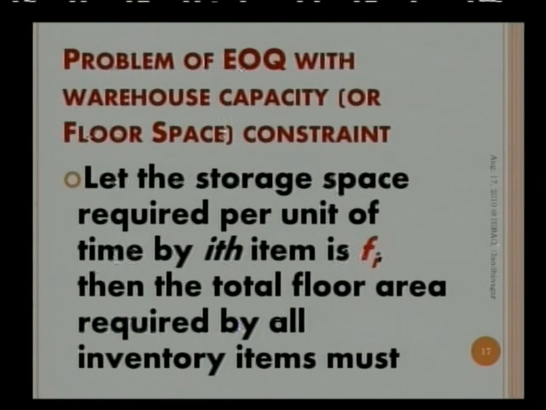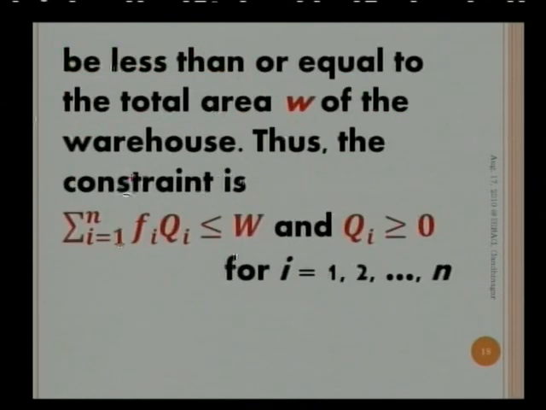Now let us have the first constraint, that of floor space. Suppose the storage space required per unit of time by the ith item is Fi square units. Then the total floor area required by all the inventory items must be the sum of all these Fi's, and say W is the total floor space available in the warehouse. So our constraint becomes: for each Qi units you have a required floor space of Fi units.